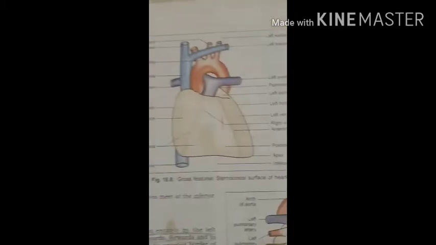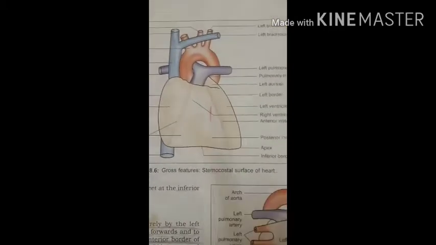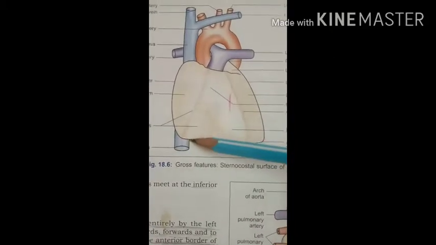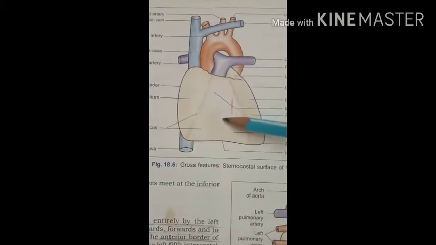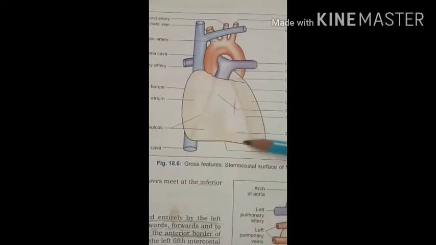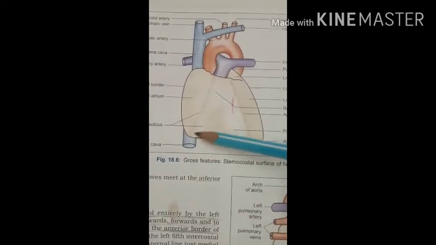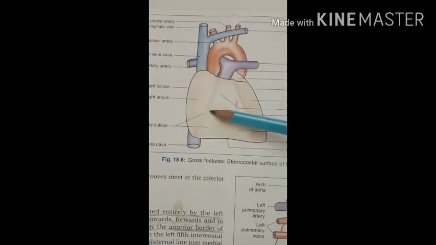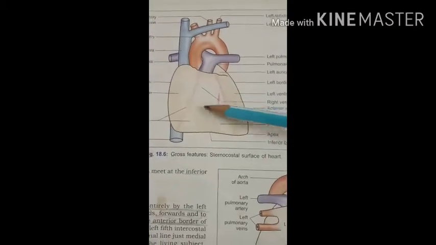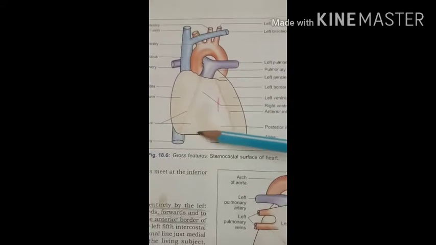In another diagram you can see that it forms the inferior border of the heart. Here the right ventricle is present, and it forms the inferior border, two-thirds of the sternocostal surface and one-third of the diaphragmatic surface. Okay?